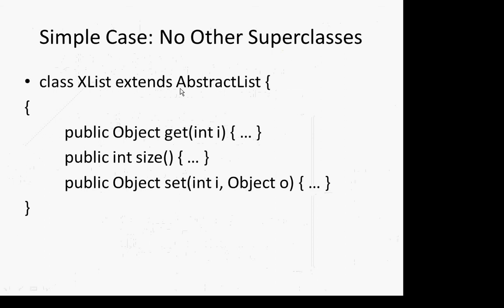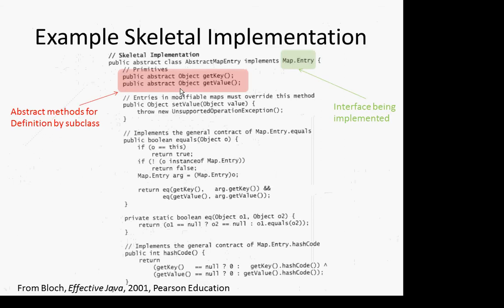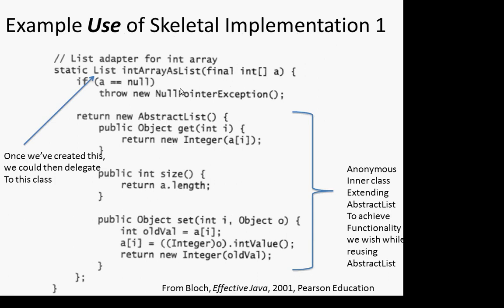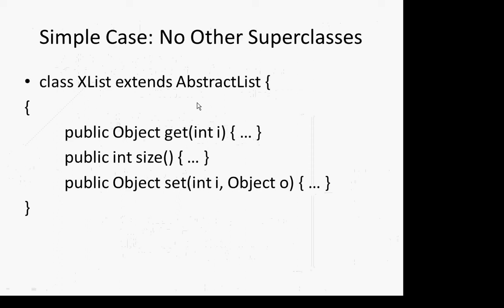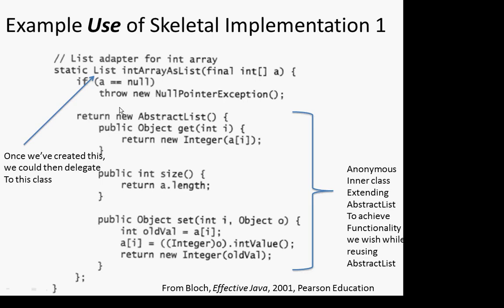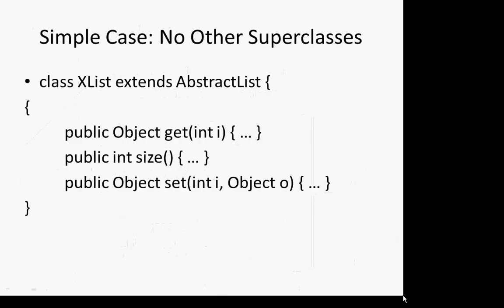Now, another way to use these things, if we had abstract map entry or abstract list as we're doing it here, we could do something like this. I have class X list, and we fill in these extra methods there, right? We don't have to do it like this in the middle of code. We could actually define a class which extends it.